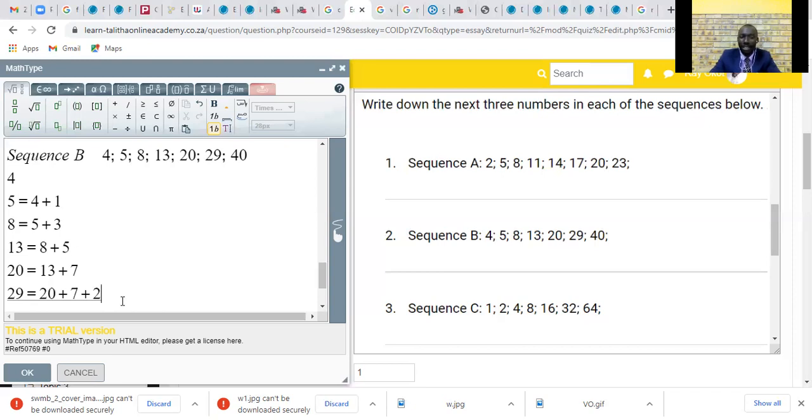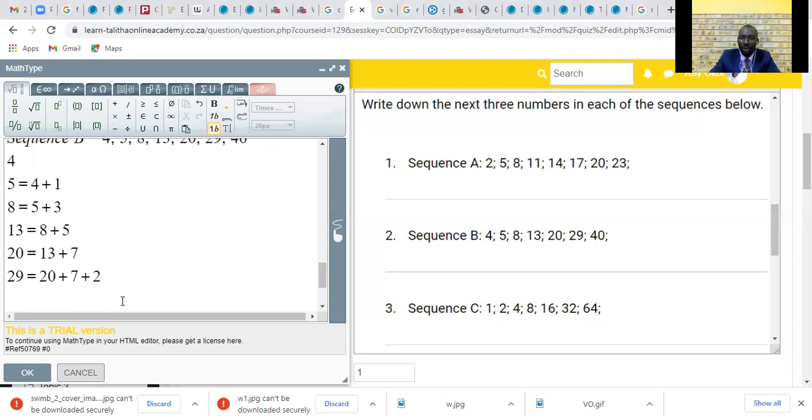That then means the next number, which is 40, will come when we add on to 29, this sum here, which is 9, and to it we add 2. 2 is the pattern. Or simply, we can put it like this. We can say 7, then 2, then 2.